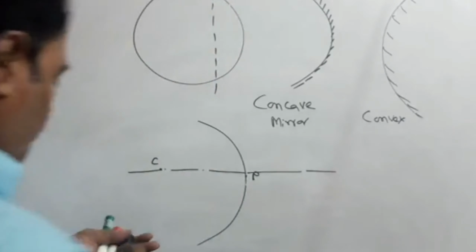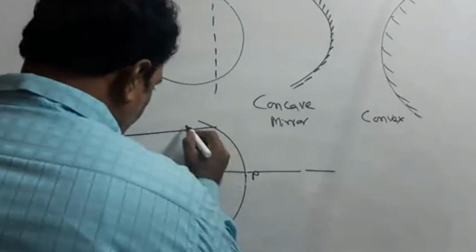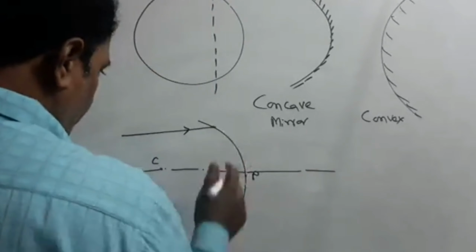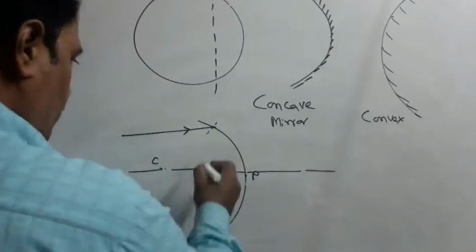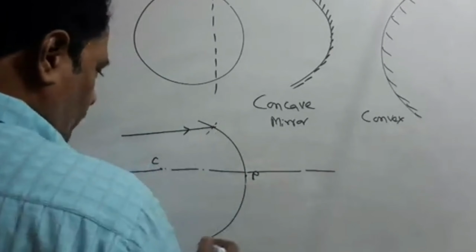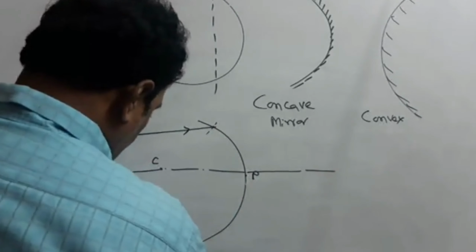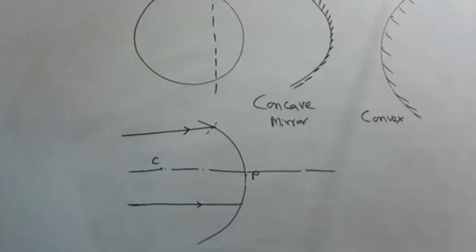For example, let there be one incident light ray incident at this point. Of course, you may draw like this, and after that, consider another incident light ray.